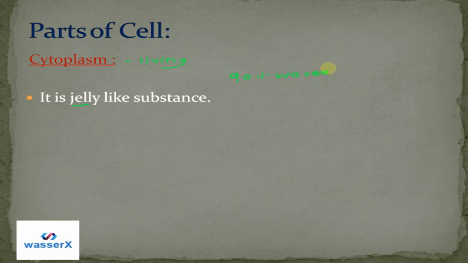Imagine how much water is there inside our cell. So we need very high amount of water in our body. We can say that almost 75% of human body is made up of water. Imagine 75%. Okay, so let's come back. Now the cytoplasm contains 90% water and rest 10% contains different dissolved salts and minerals.